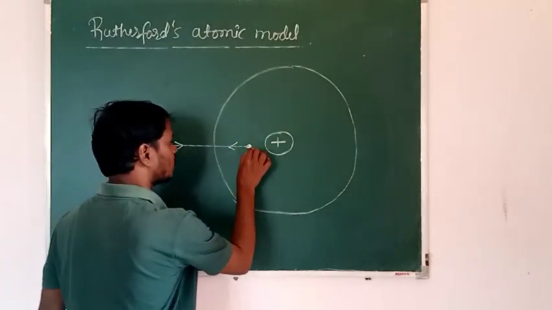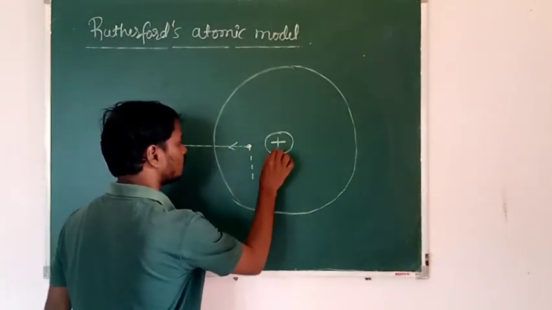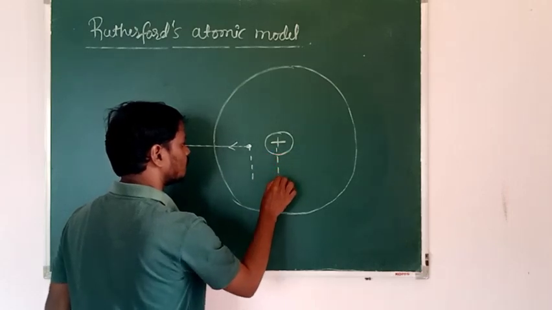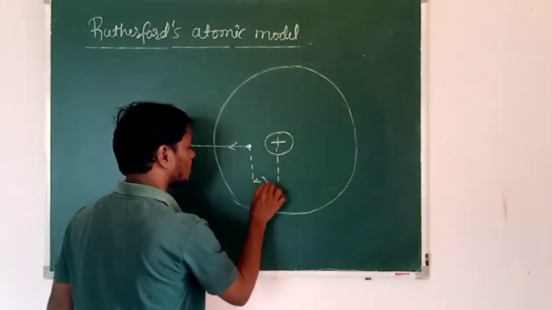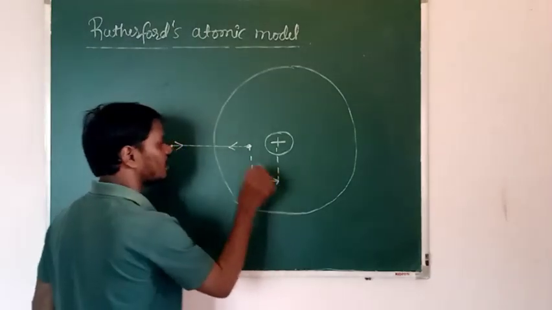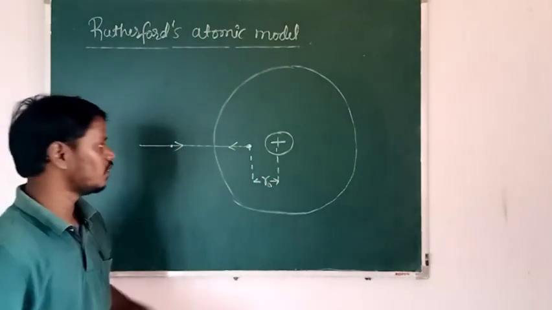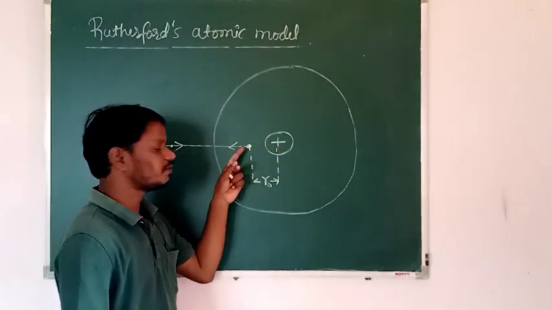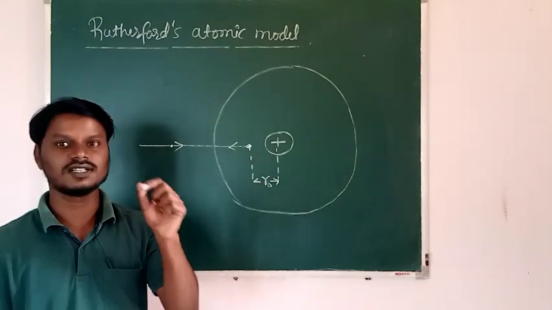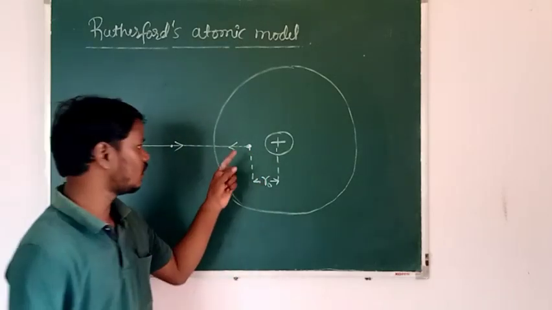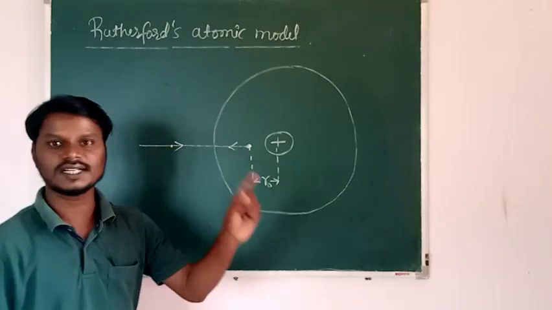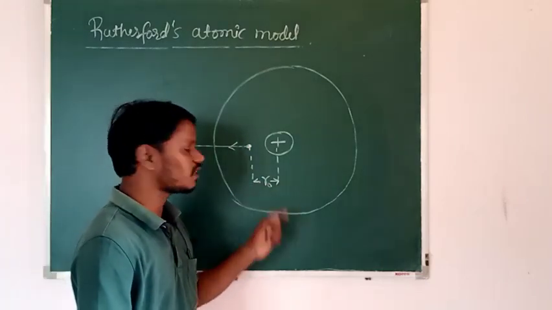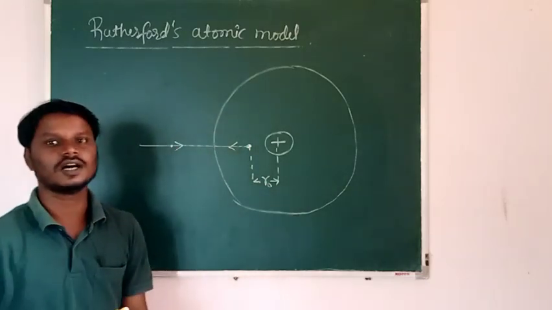Then this minimum distance from the nucleus is called the distance of closest approach, represented by R0. It is the minimum distance from the nucleus at which the alpha particle experiences the large repulsive force and turns back with an angle of 180 degrees.